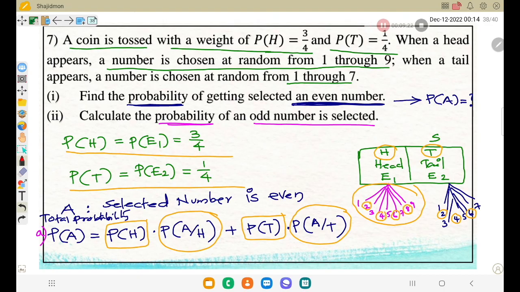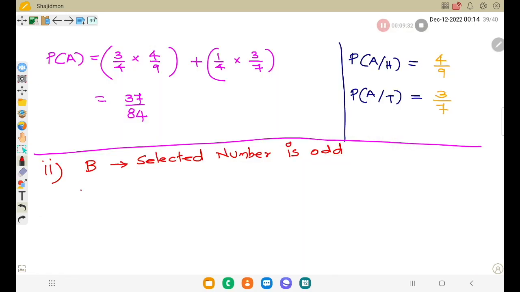So what is the question we need to do? The probability of an odd number being selected. That means probability of B equals how much? Again we are calculating the total probability, correct? So probability of B, using the total probability rule. What is total probability?